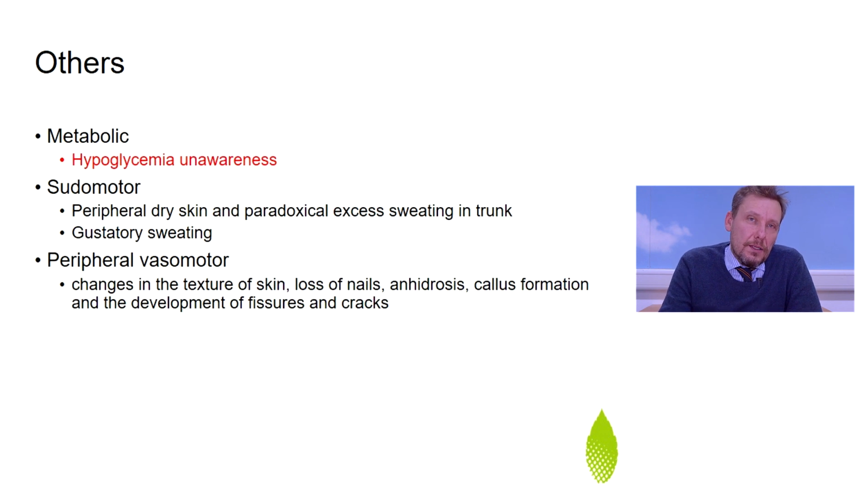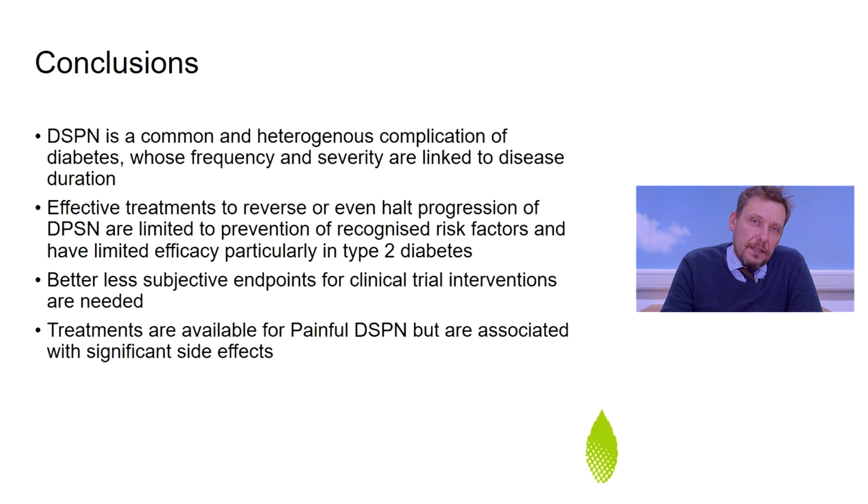There is also an increasingly accepted phenomenon whereby hypoglycemic unawareness is in some way linked to the neuropathic process associated with underlying diabetes, but also a commonly described problem in patients with often long-standing diabetes is pseudomotor problems as well, with either reduced or excess sweating and gustatory issues as well.